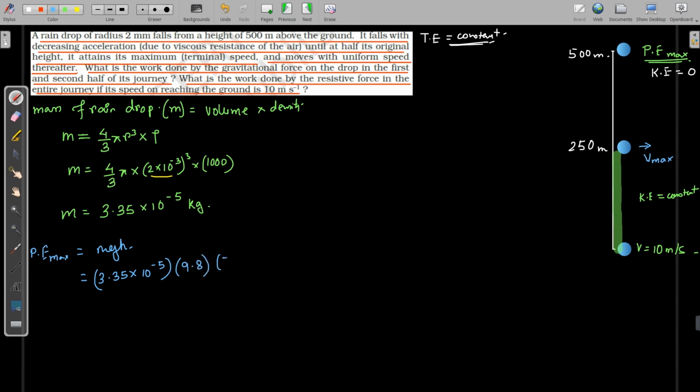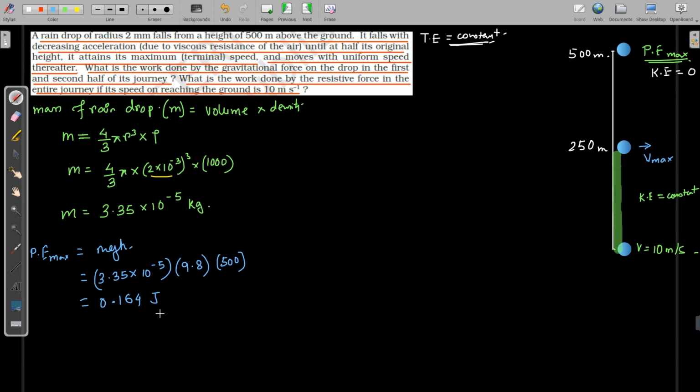And what is the height? 500 meter. So if I calculate this, we are getting 0.164 joule. This is the potential energy at this height.